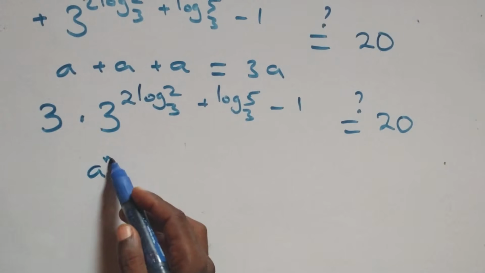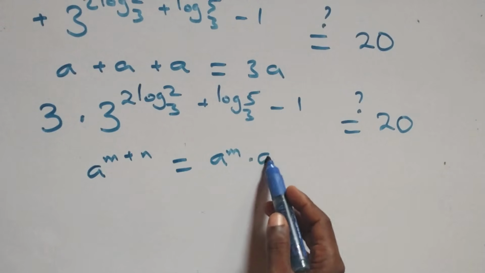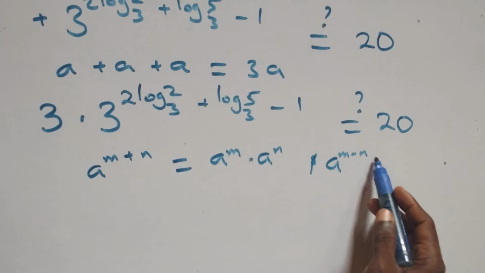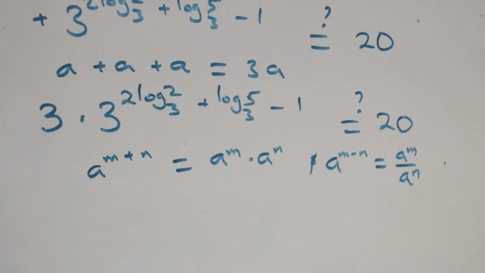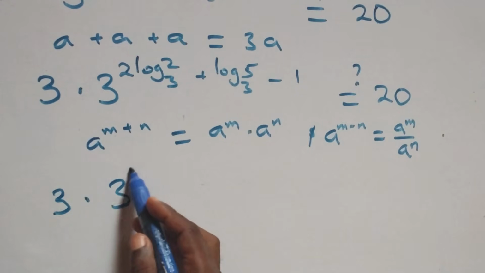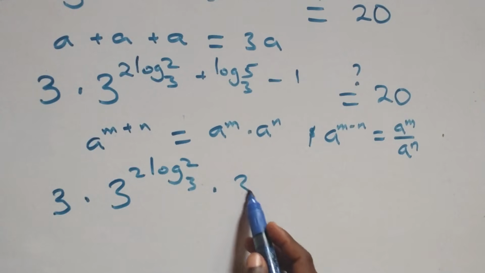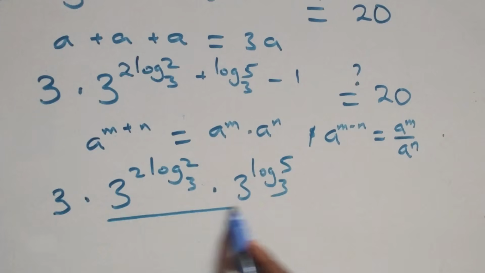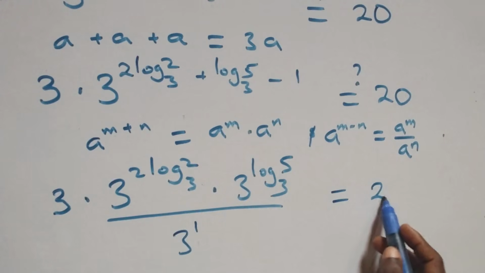When we have a raised to power n plus n, this is the same thing as a raised to power n times a raised to power n. And also a raised to power n minus n is the same thing as a raised to power n over a raised to power n. Then here we have 3 times 3 raised to power 2 log 2 base 3 times 3 raised to power log 5 base 3 over 3 raised to power 1 equals 20 on this side.